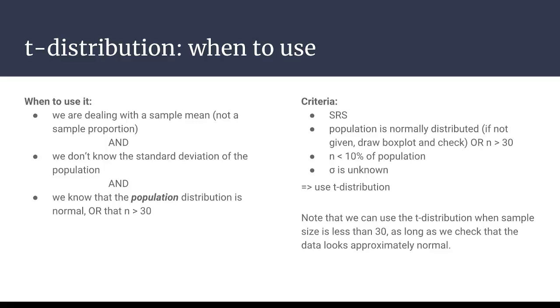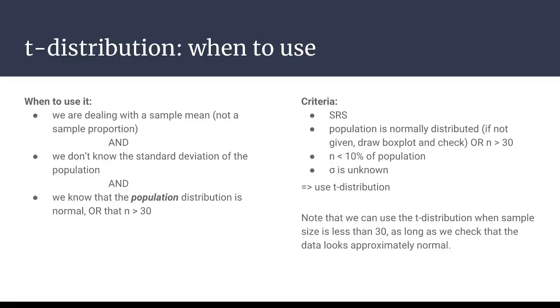Okay. So let's talk about what the formal criteria are, which is the points that they expect you to show on your work. So the first one is the same, SRS, and then the third one is also the same, n is greater or less than 10% of the population. And then the second point is what we went over here. So n has to be either greater than 30, or it can be less than 30, but we check the data.